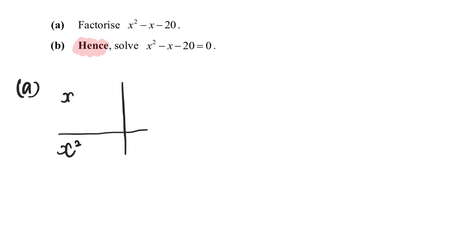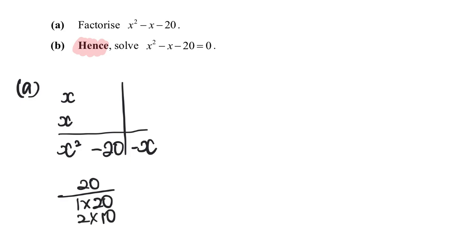x squared will be x times x. Here is negative 20 and here is negative x. And for 20 will be 1 times 20, 2 times 10, 4 times 5. And out of this pair of factors, I need to have one that would allow me to get my negative x.